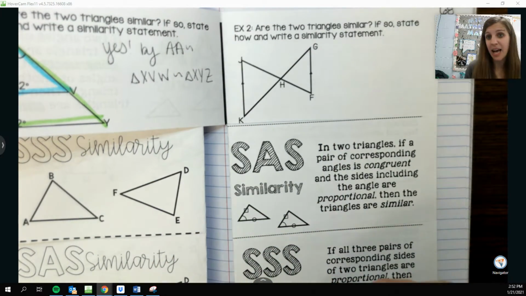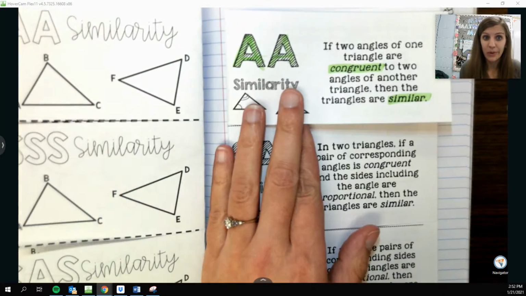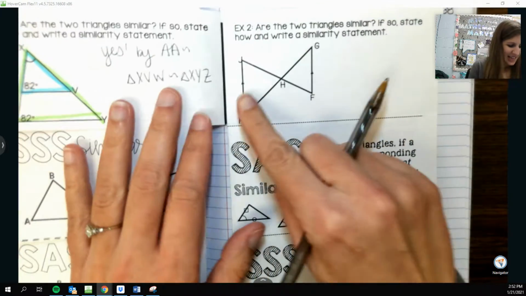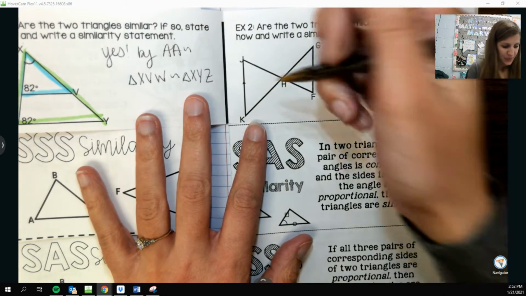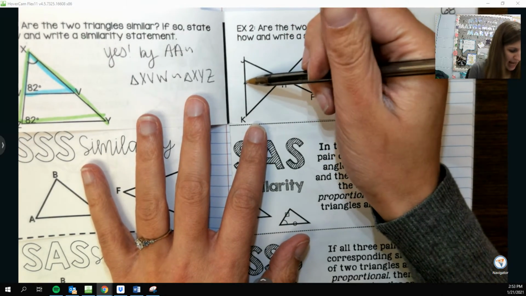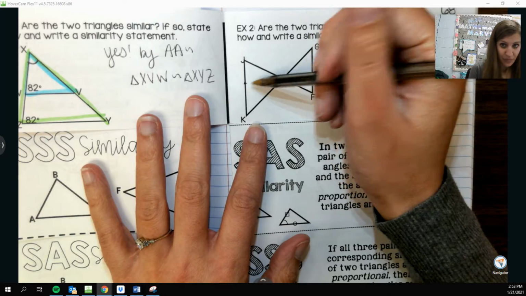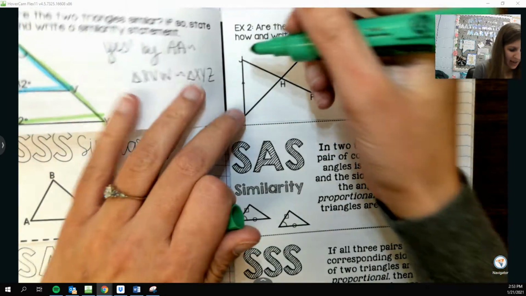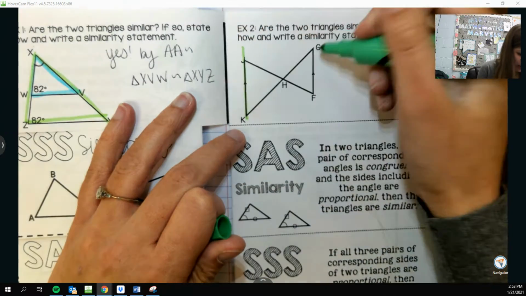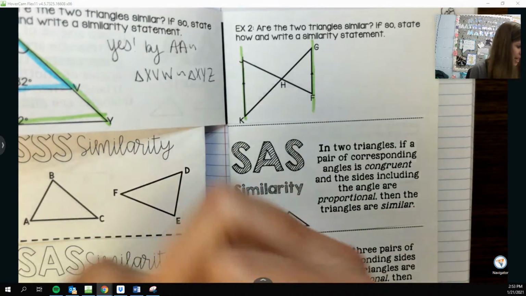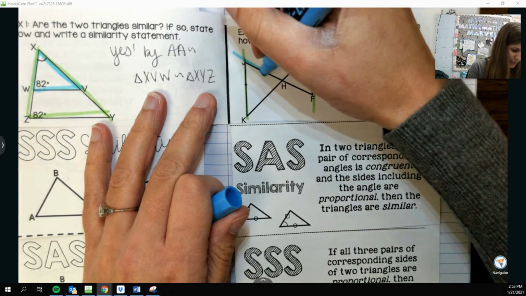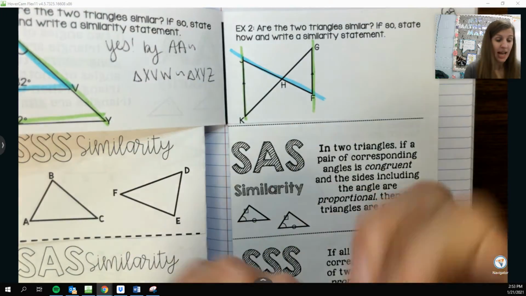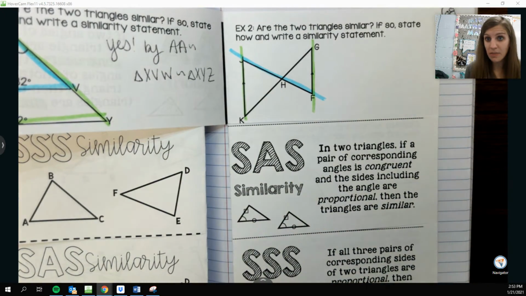If so, state how. And again, spoiler alert, it's under here, but these 2 triangles I know are similar to each other because I noticed that we have these parallel lines, which when I have parallel lines, I can then pick a transversal, and then I can start to get some congruent angles, which is something I need if I want to use angle, angle.